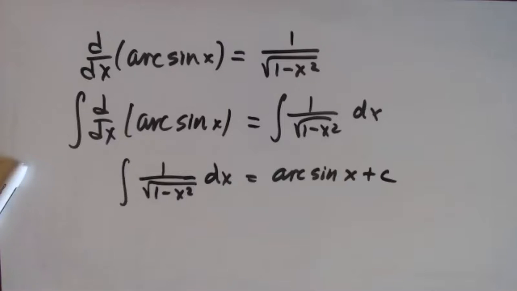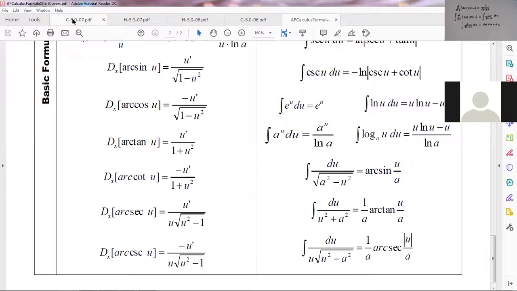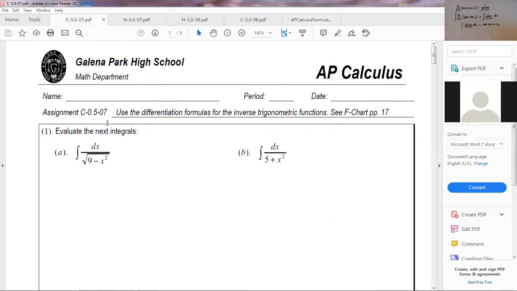So let's go to the first problem. Let me share the screen. We're going to solve the integral of dx over the square root of 9 minus x squared, correct?